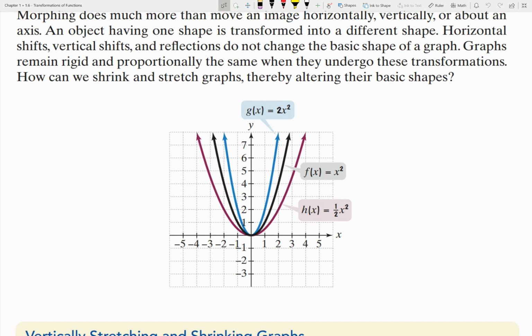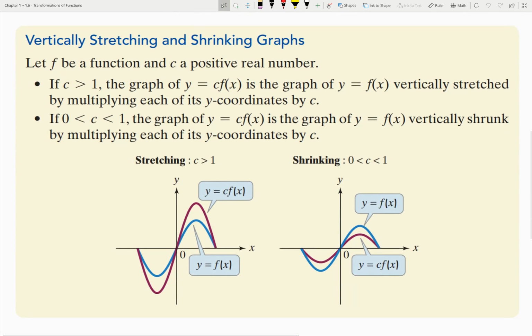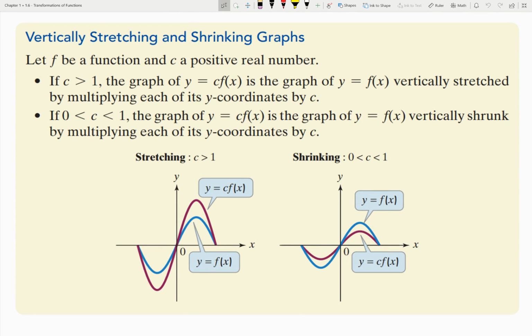Okay? So for vertical stretching and shrinking, you are going to multiply the outside of the function by a number. If that number is bigger than 1, you are going to stretch the function by a factor of c, whatever number you're multiplying by, right? Whatever number is in the front of the function.